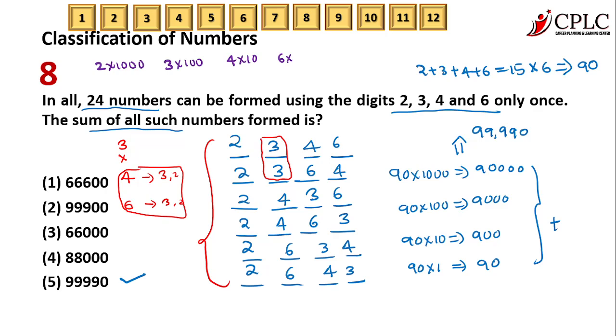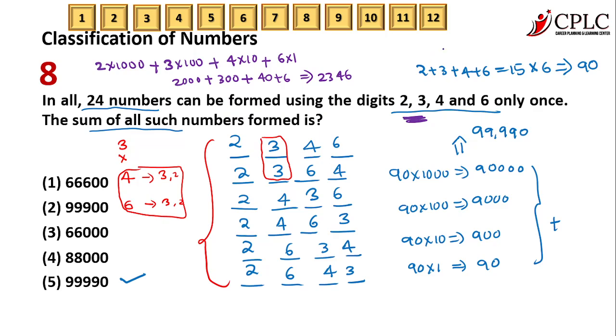And 6 is at the units place, so we'll have to multiply by 1. And we'll have to add all these numbers with each other. So this becomes 2000 plus 300 plus 40 plus 6, and that gives you the final number, that is 2346.